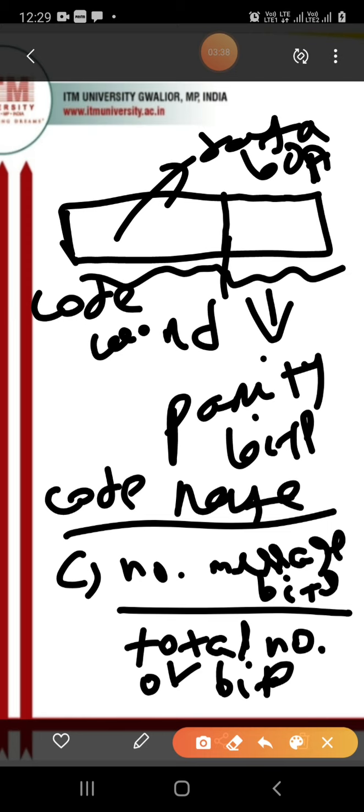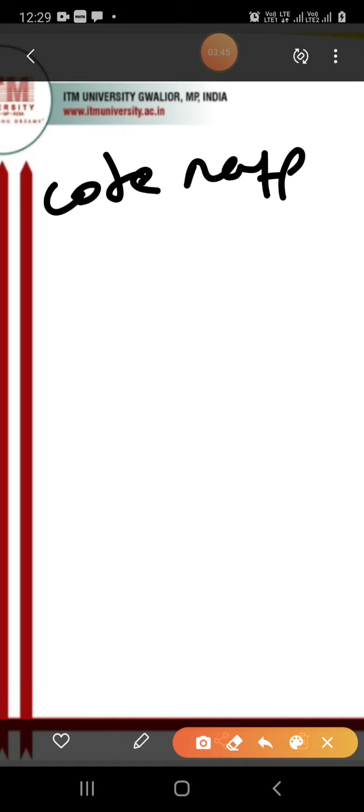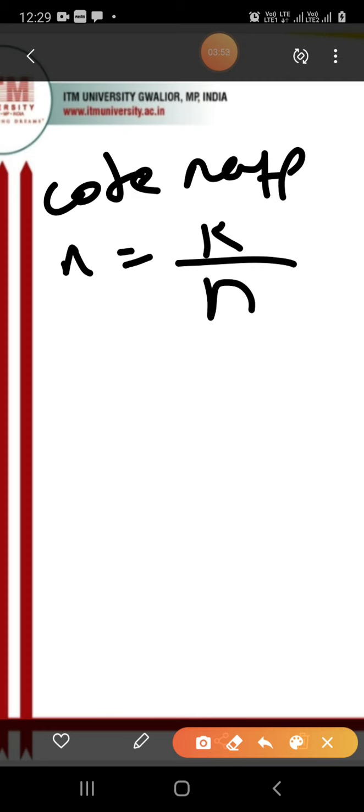So I can write the code rate, which is denoted by small r, as k by n, where n is the code word length and k is the number of message bits, and n is the total number of bits.